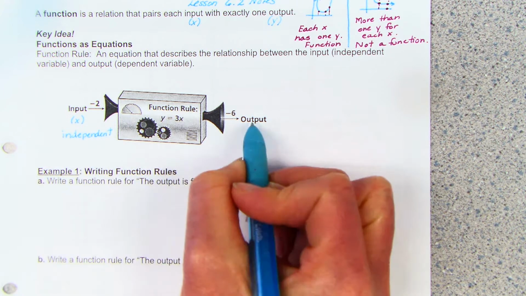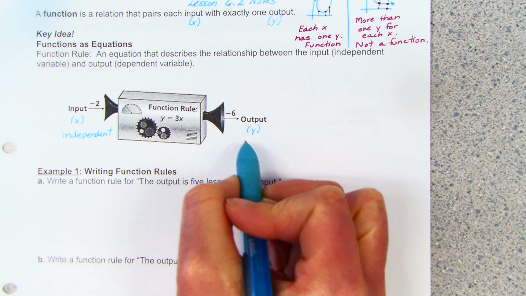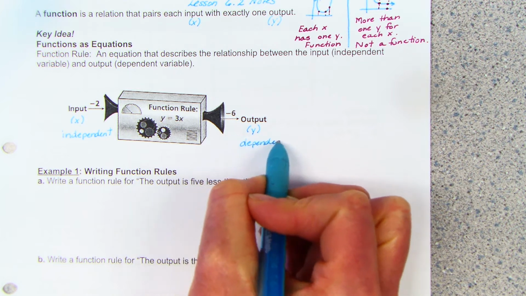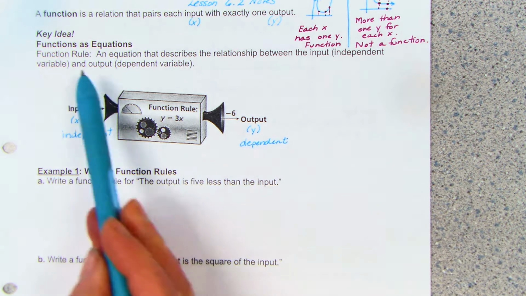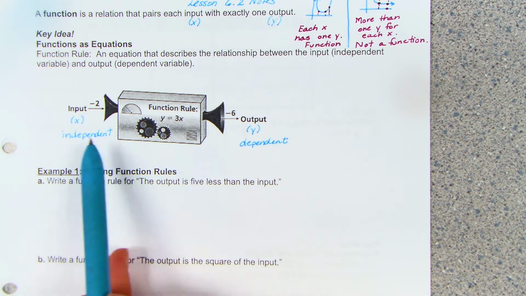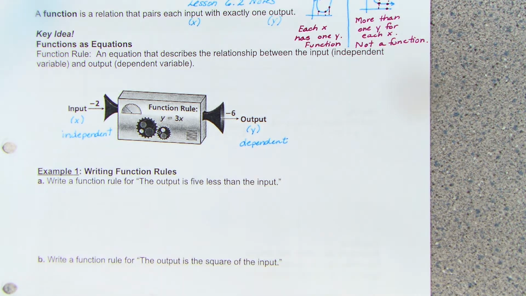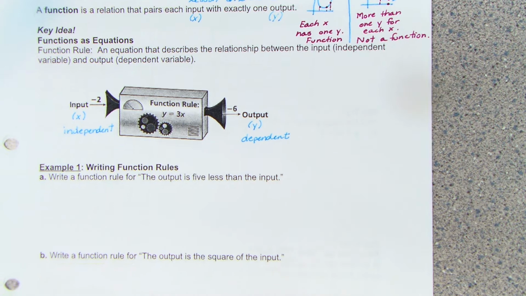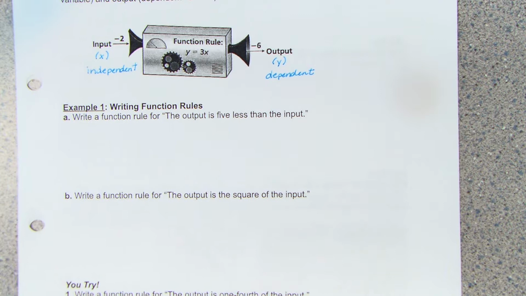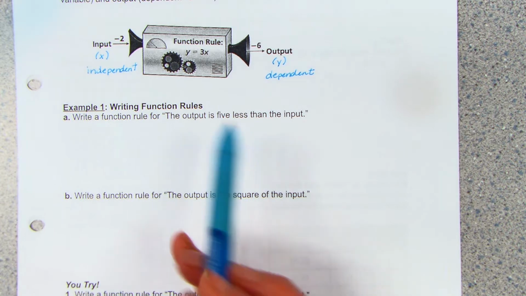And then the thing that comes out, the output, is the y, and that is the dependent variable. All right. A function rule is just an equation that describes the relationship between the input, which is the independent, and the output, which is the dependent. And now we'll have some practice writing that. You'll find this very challenging, I'm sure.